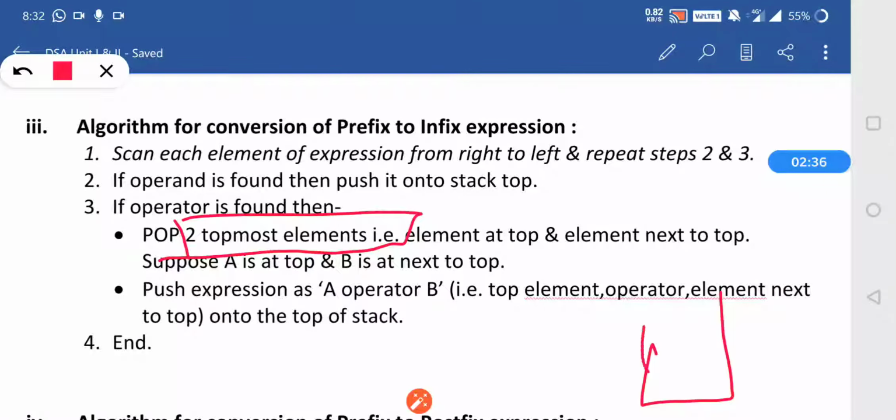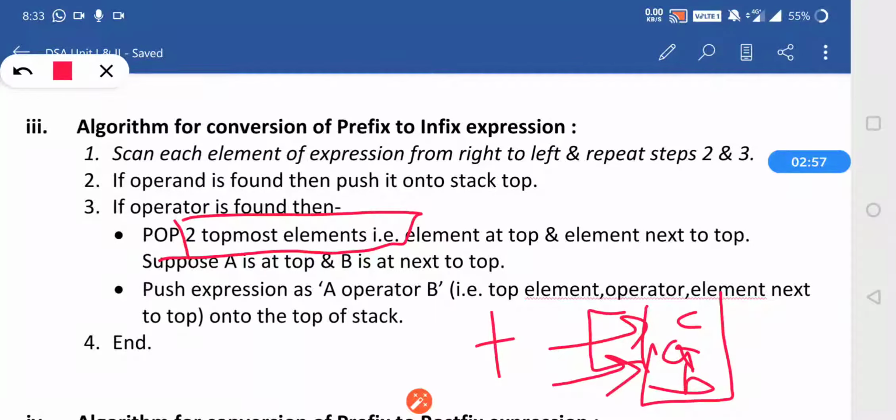Suppose we have C, A and B in our stack, and if an operator is found, we will pop the element which is present at the top of the stack as well as the element which is present next to the top of the stack.